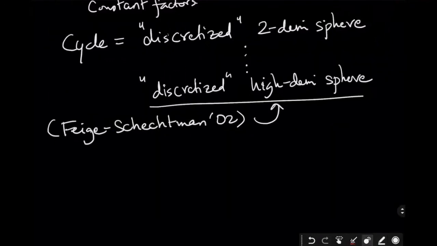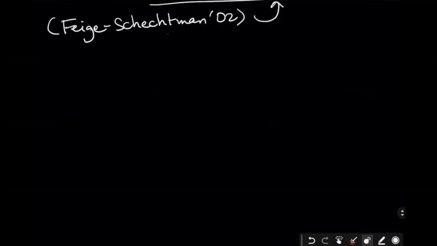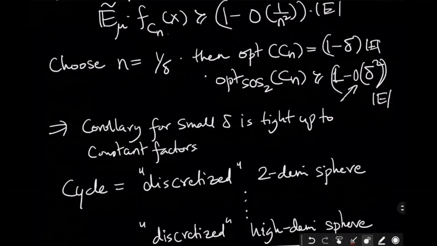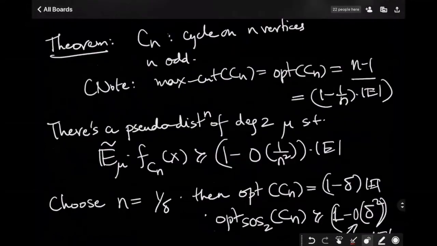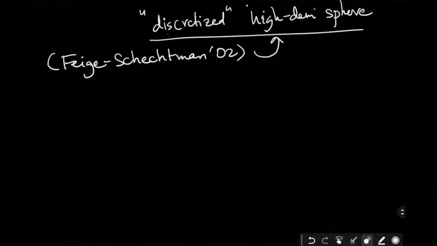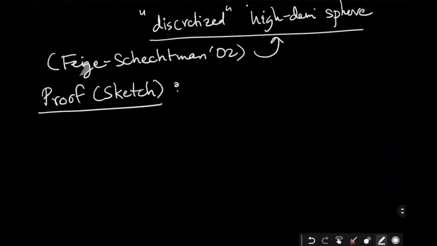Good. So now I want to give you some sense of how we prove this for the cycle. This is a proof sketch of the theorem. It's going to be a sketch because I don't think I have enough time to do the whole proof, but this one is simple enough that I think you can fill in the blanks.